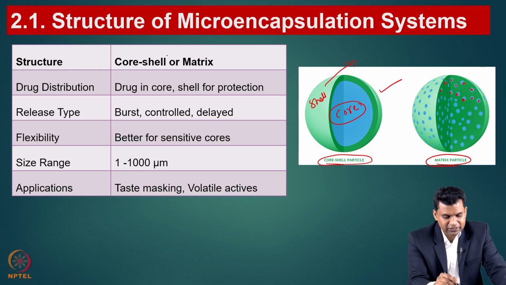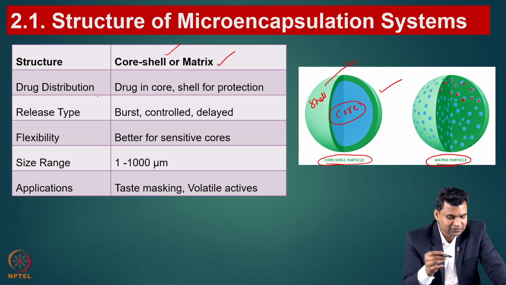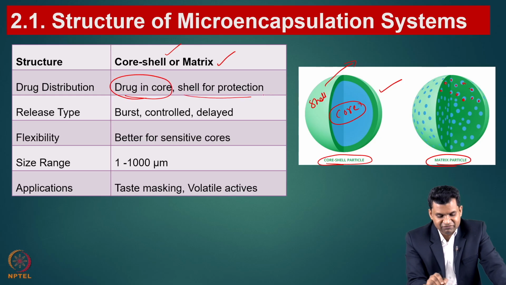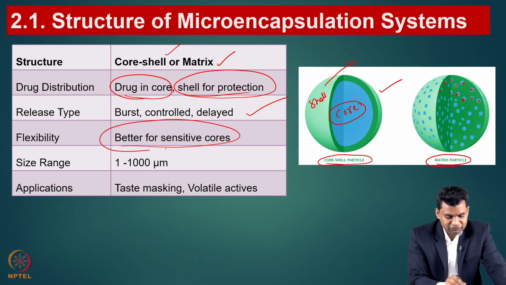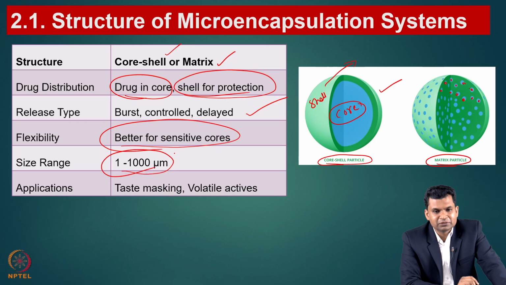So, here you can make core and shell type microencapsulations, and also you can prepare matrix based microcapsules. Yes, regarding the drug distribution, in core and shell the drug is available in the core and the shell helps for protection, and in both cases we can expect sustained controlled release and flexibility, because we can use various types of sensitive molecules, and the size ranges from 1 to 1000 micrometers.